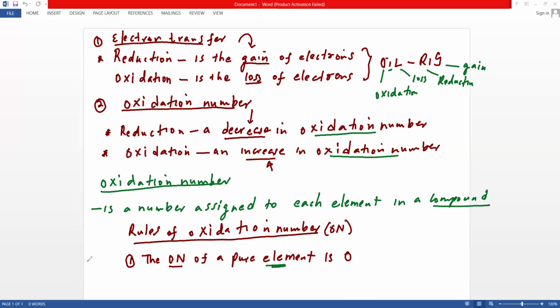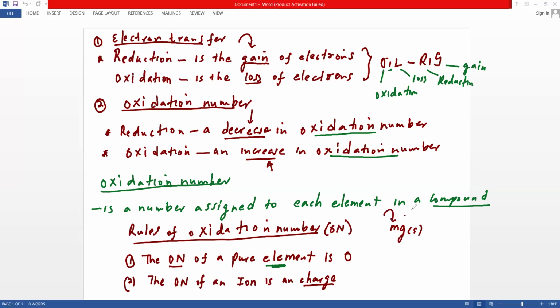Secondly, I'll give you an example. The oxidation number of an ion is the ion charge itself. We just take the charge of that ion. Here's an example. Imagine we are just given magnesium on its own.